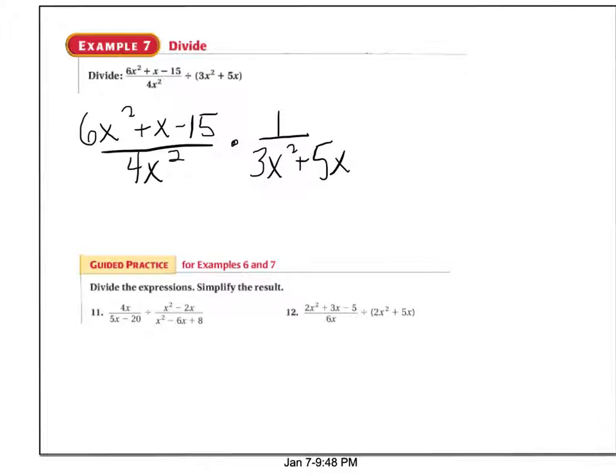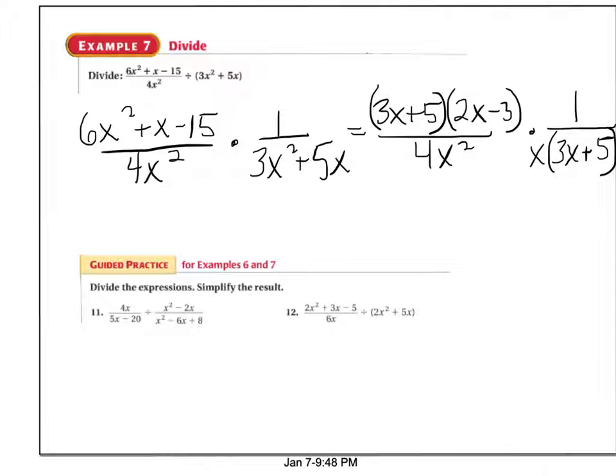Now I will factor any numerators or denominators that can be factored. Cancel any common factors. This leaves you with the simplified fraction 2x minus 3 over 4x cubed.